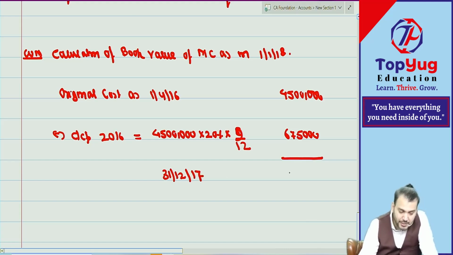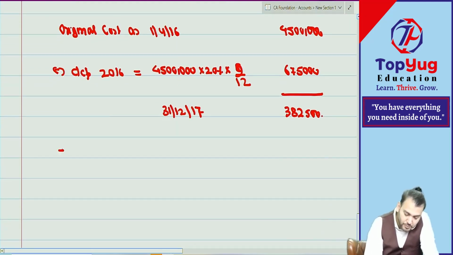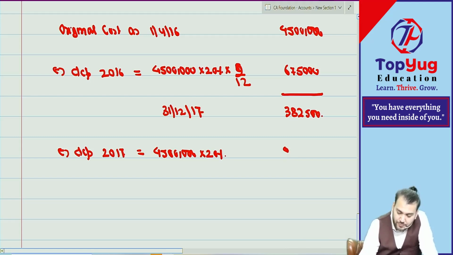What is the WDV as on 31st 12 2016? It becomes how much? 38 lakh, 25,000. Once again we'll charge depreciation. So minus depreciation for which year? 2017. It will be 45 lakh only into 20% for the entire year. So this becomes how much? 9 lakh. What is the WDV as on 31st 12 2017?